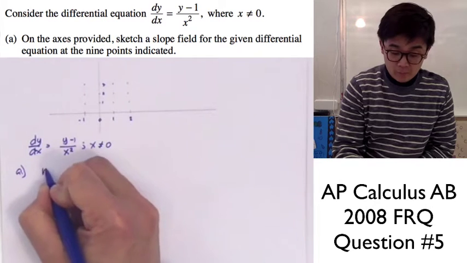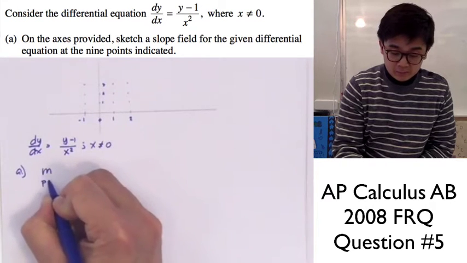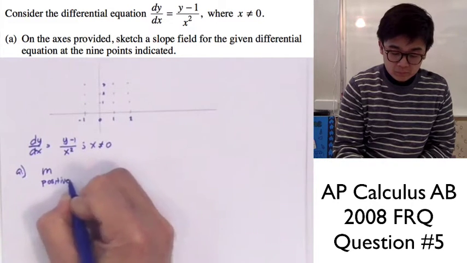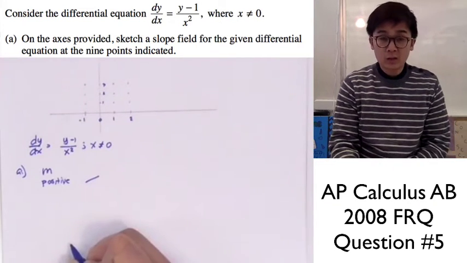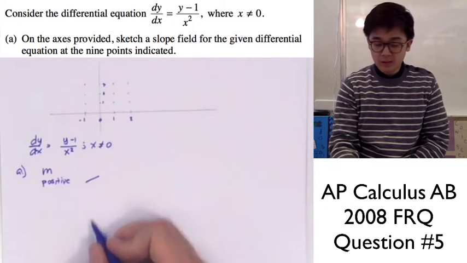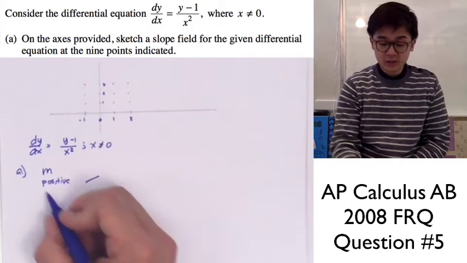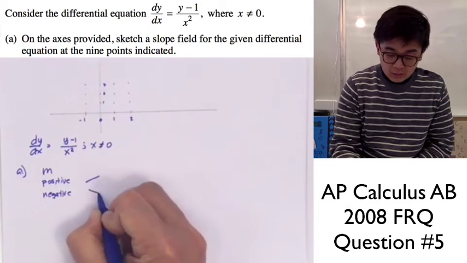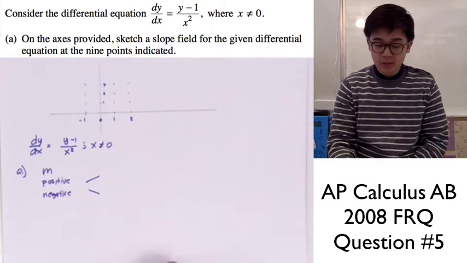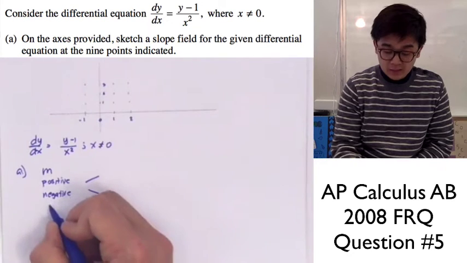So if the slope is positive, its behavior will be increasing, so the slope can be illustrated as such, and negative can be represented by this line right here.